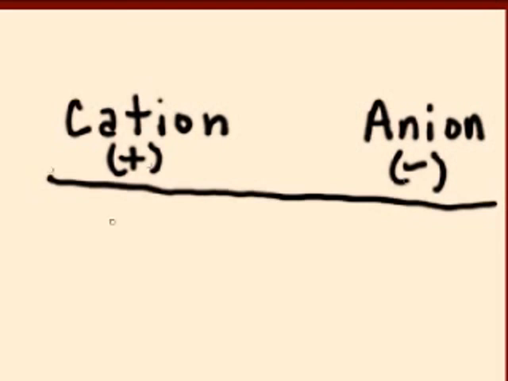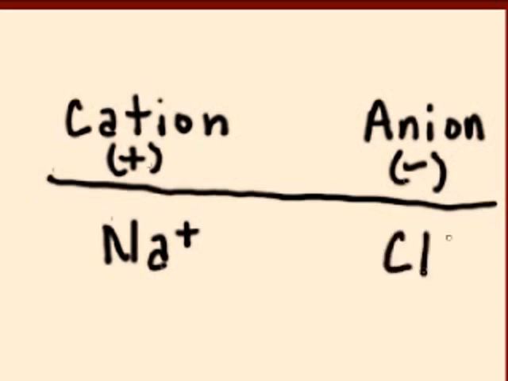One cation that we've already seen is sodium. Sodium is an important cation. An important anion is chloride, the chlorine anion.